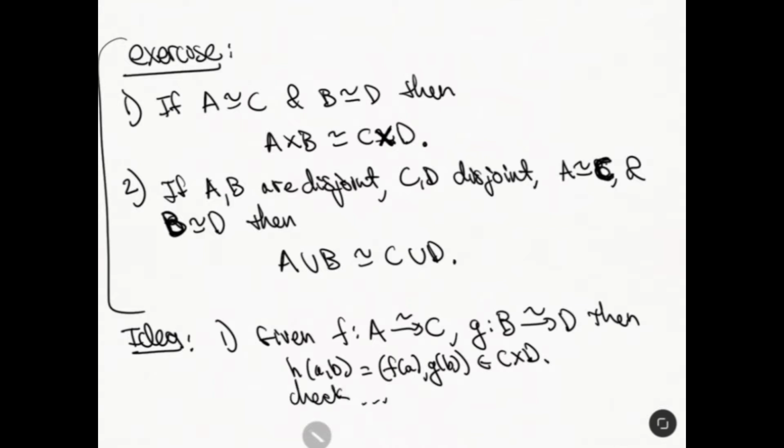So you check the rest. The other part here is that you define, I'll use the same notation as before, H of x.